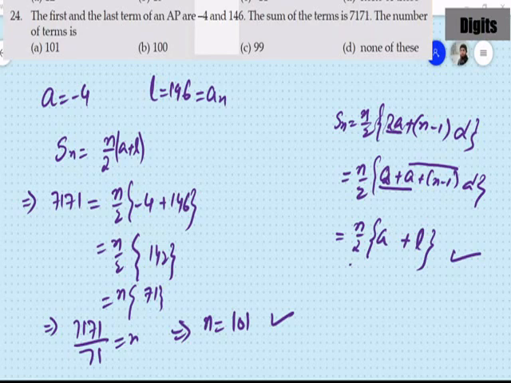This is a plus a, this is 2a, so I write 2a instead as a plus a, and we know a plus n minus 1 d is the nth term. For the nth term we have represented the last term l. That is why we can write this formula like that also.